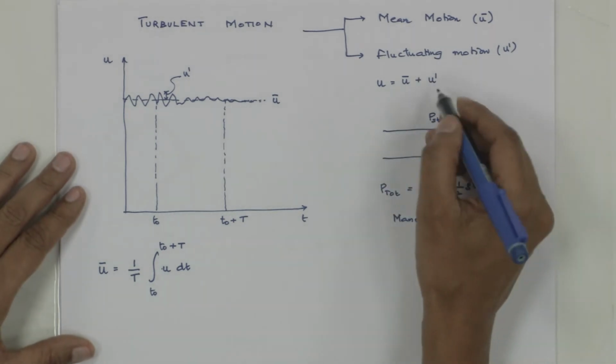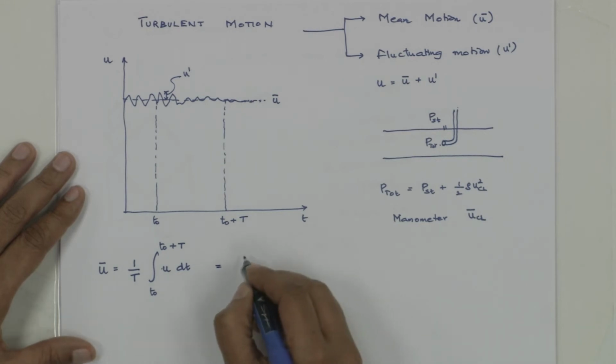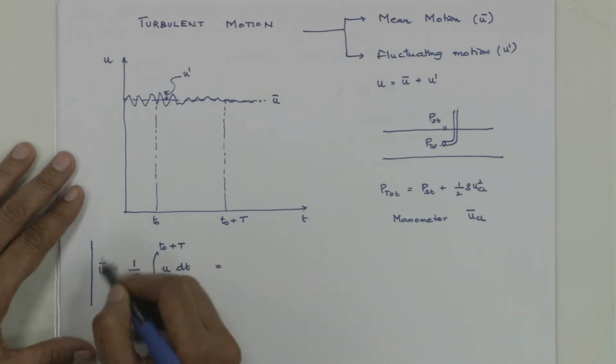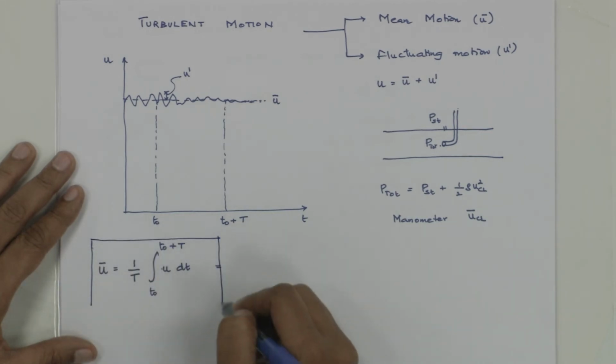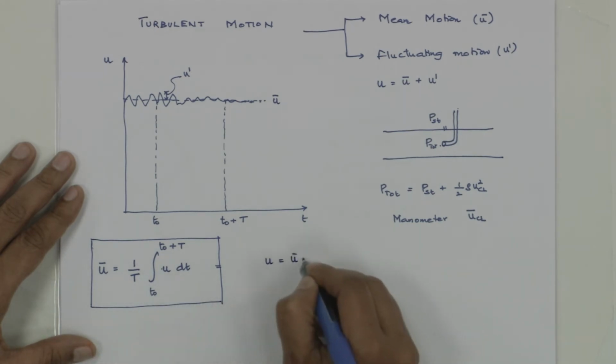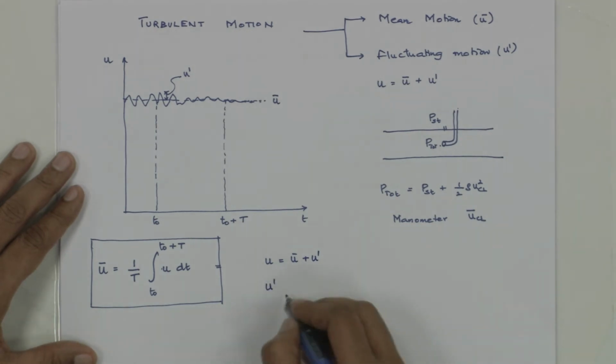I have just put U bar plus U prime. This is the definition of U bar. Now U equal to U bar plus U prime. Now what is U prime? U prime equal to U minus U bar.